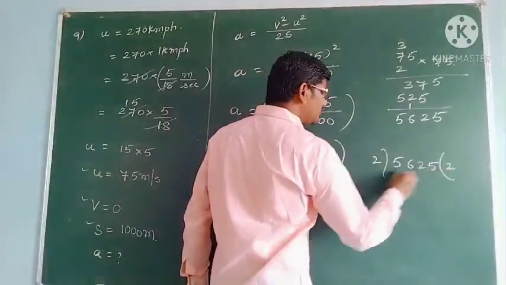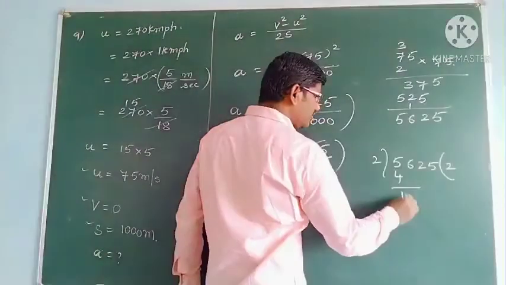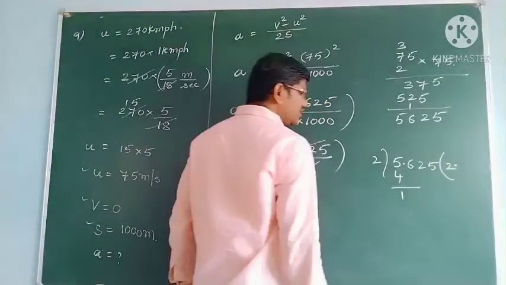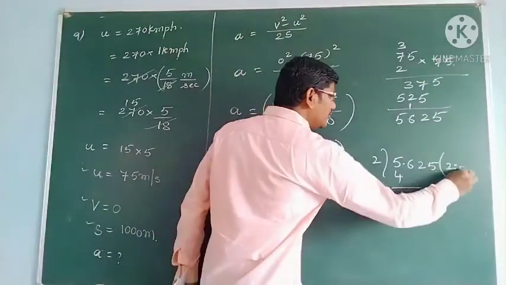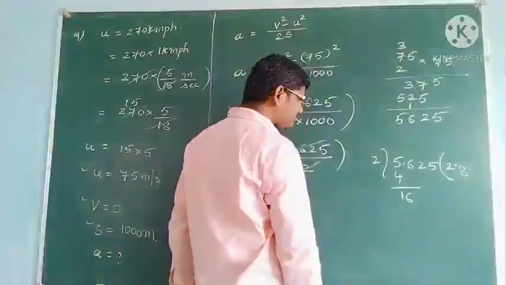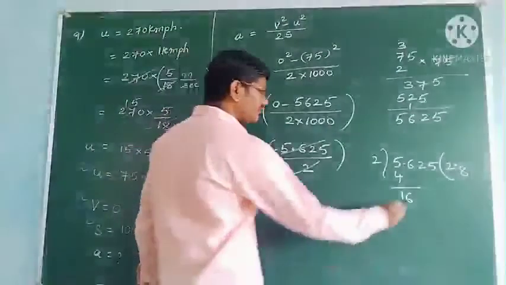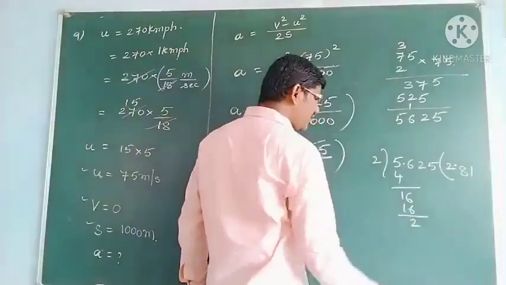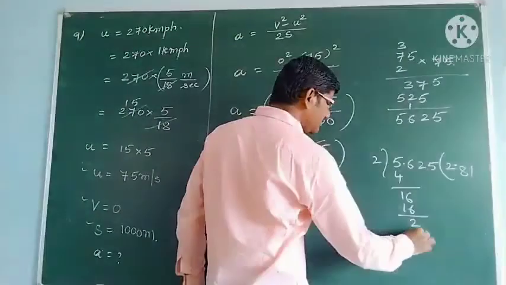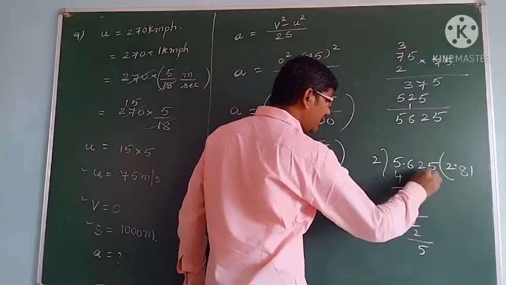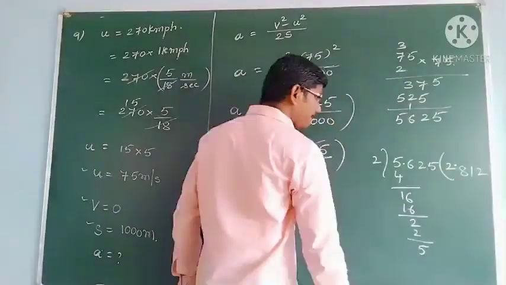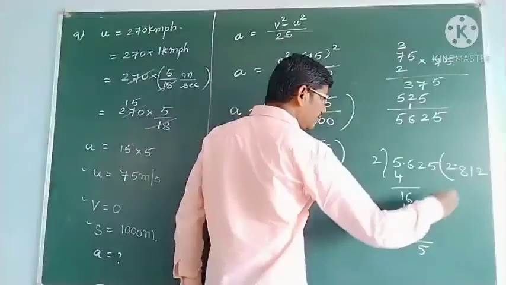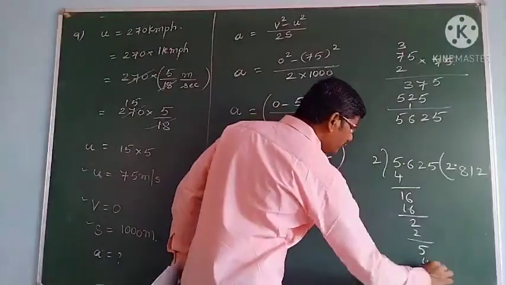2 2s 4. Okay, you have the decimal. So then 6. 2 8s are 16. Okay, then bring it to 2 ones are. Okay. So next bring 5. 2 2s 4 and 4 1.